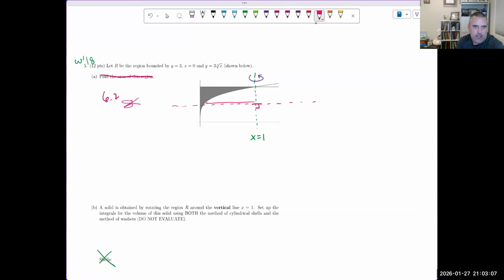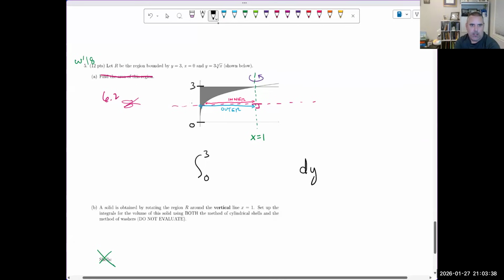That's the inner radius, and this is the outer radius. And that's going to be our mission in this problem, to find those. But the smallest y can be is 0. The biggest y can be is 3. So it's the integral from 0 to 3 dy. We're going to label this y.